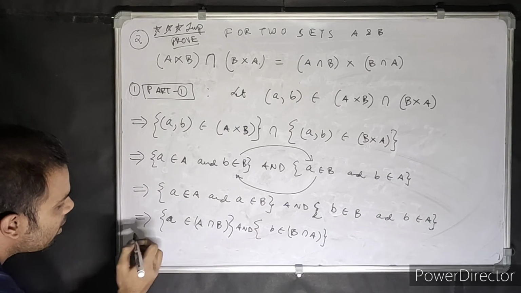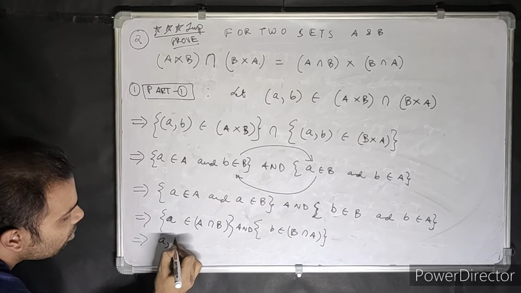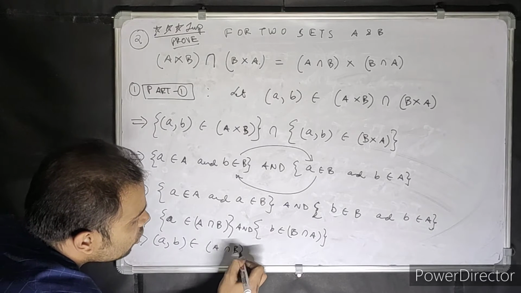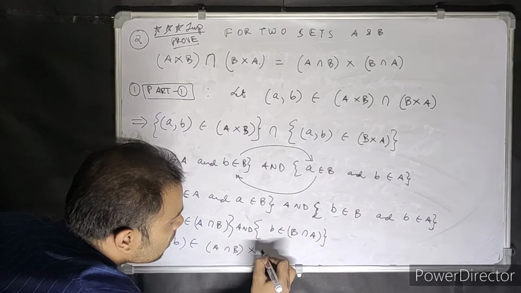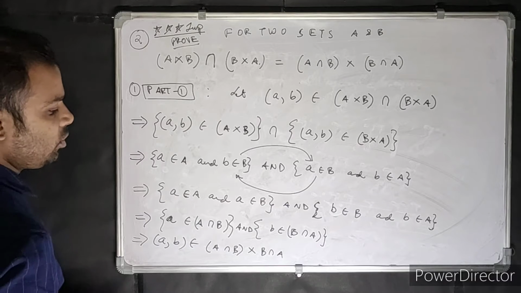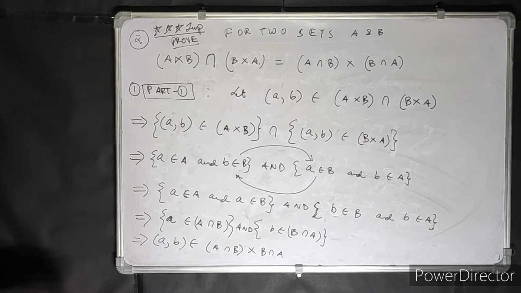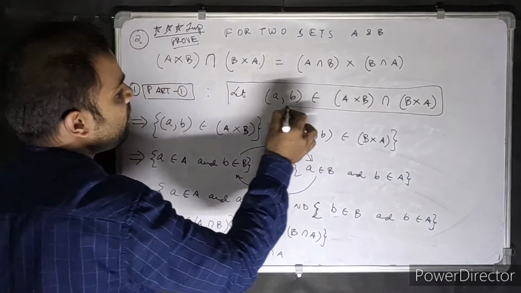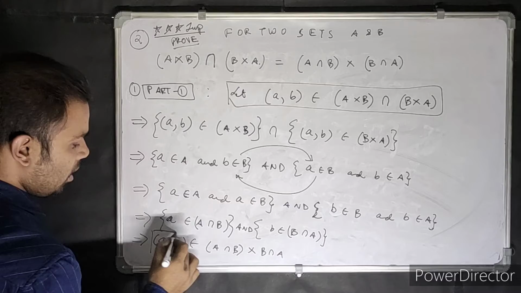Okay, now you have the coordinate type. Now you can write (a, b) belongs to A intersection B cross B intersection A. That's not what you had to prove. This is your last step. So you see, you start from here and we end it over here.